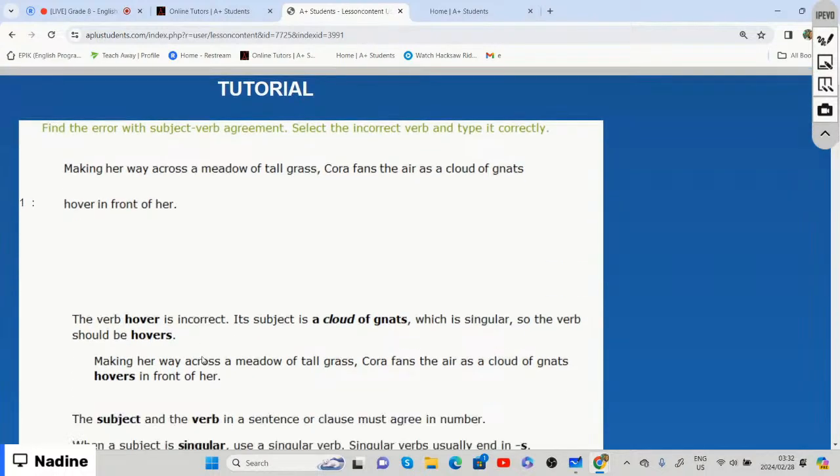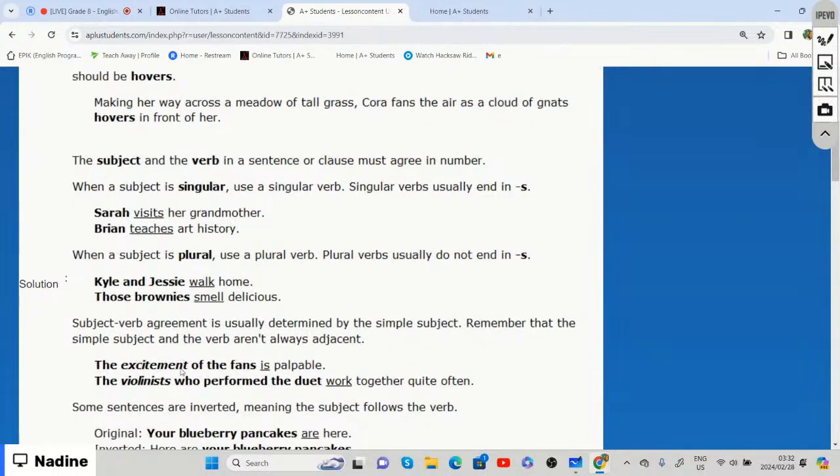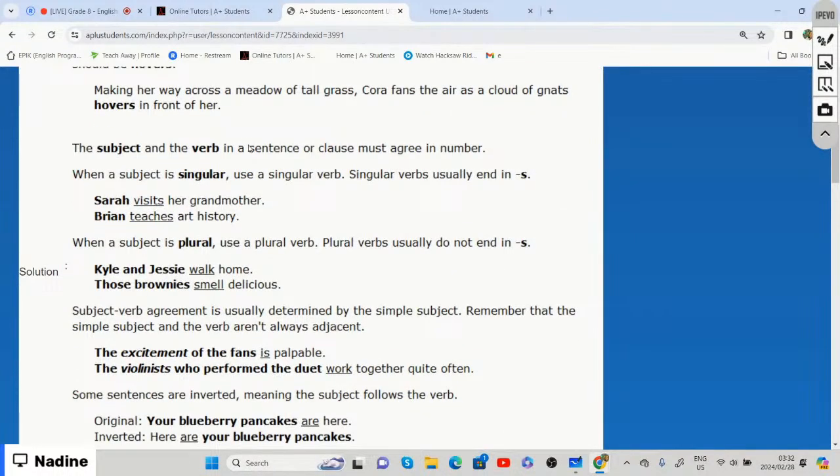So let's go to the subject and the verb. The subject and the verb in a sentence or clause must agree in number. When a subject is singular, we need to use a singular verb. And when we use a singular verb, it usually ends in s, es, or ies.